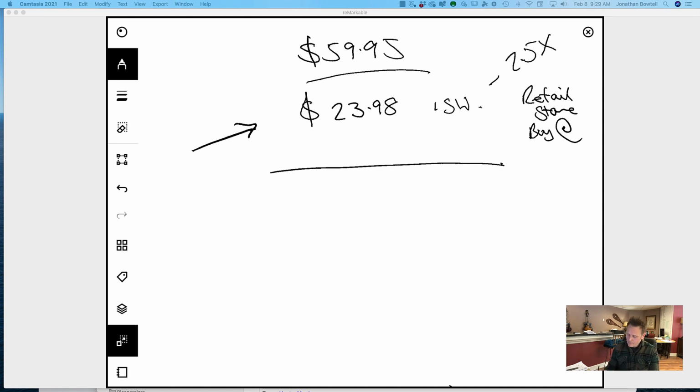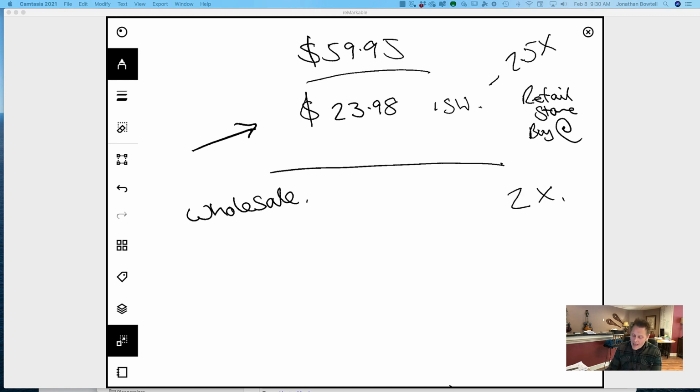Now, the other route to market, if you don't want to approach multiple different retailers, is wholesale. Obviously wholesale, they sell to multiple different retailers, so they've got to take a cut of this as well. Typically, a wholesaler will want a 2x margin.